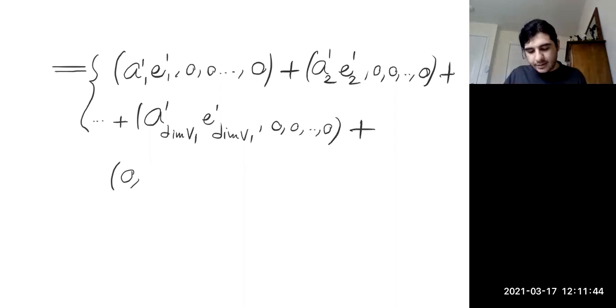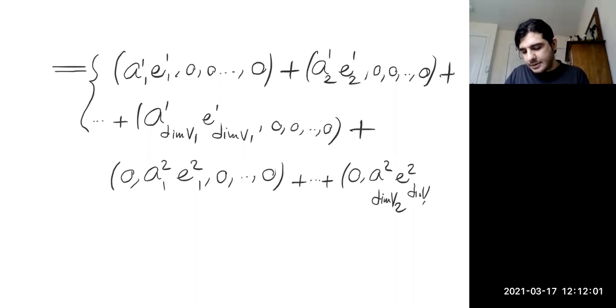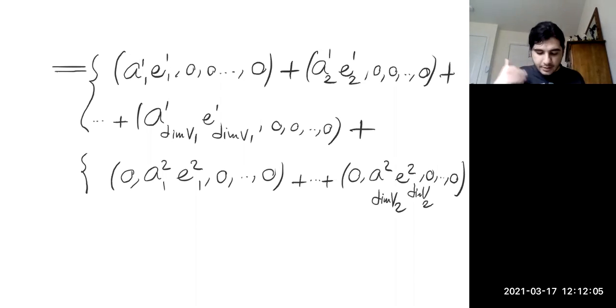Now for the second vector here, we have a21 e21, and then 0, 0, up to the last one for the second vector, a2 dimension of V2 times e2 dimension of V2, and then 0, 0, 0. This is for the second vector in the previous page. And then we have all the other vectors.